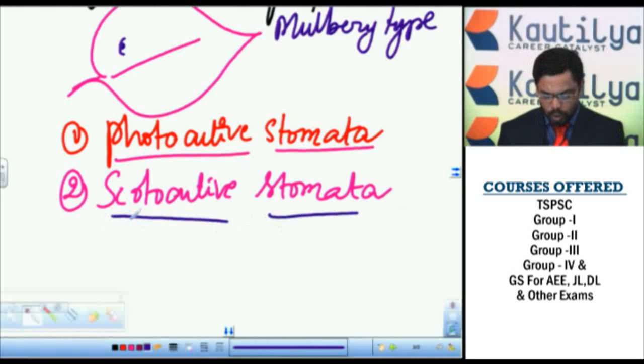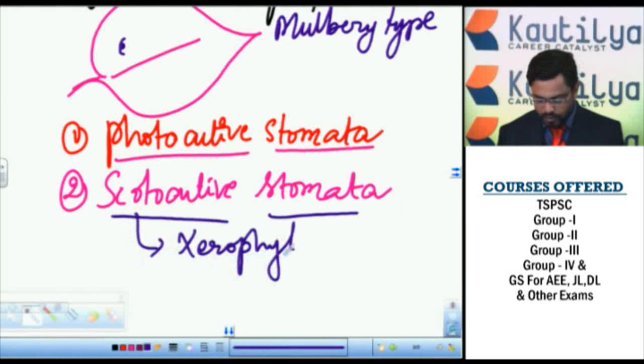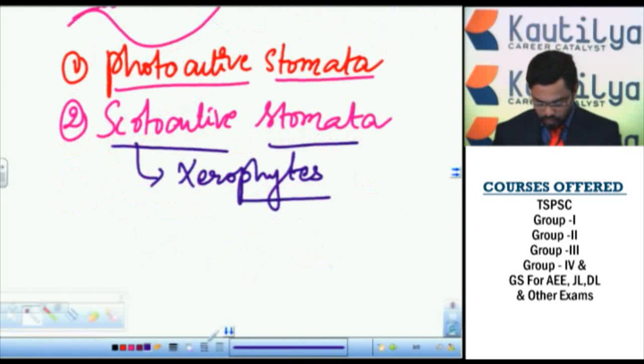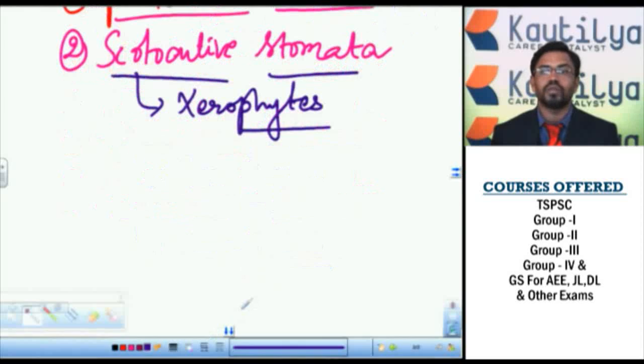This scotoactive stomata is present in some xerophytic plants. It is an adaptation to reduce the rate of transpiration. As the xerophytic plants grow in areas where water scarcity is more, to reduce the rate of transpiration, the stomata are modified as scotoactive, which open during night time and close during daytime.